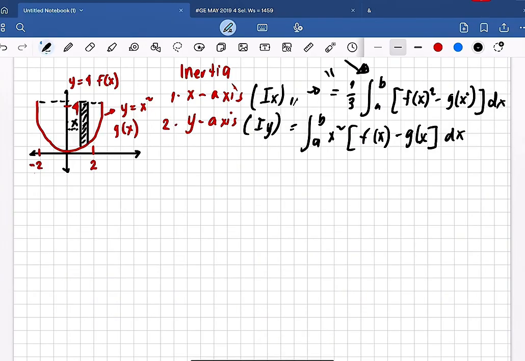However, for the moment of inertia for our problem, if it is a composite shape with respect to the x-axis, with no centroid adjustment, the correct formula rather for this is Ix equals the integral of limits a to b, f of x squared minus g of x squared, dx.